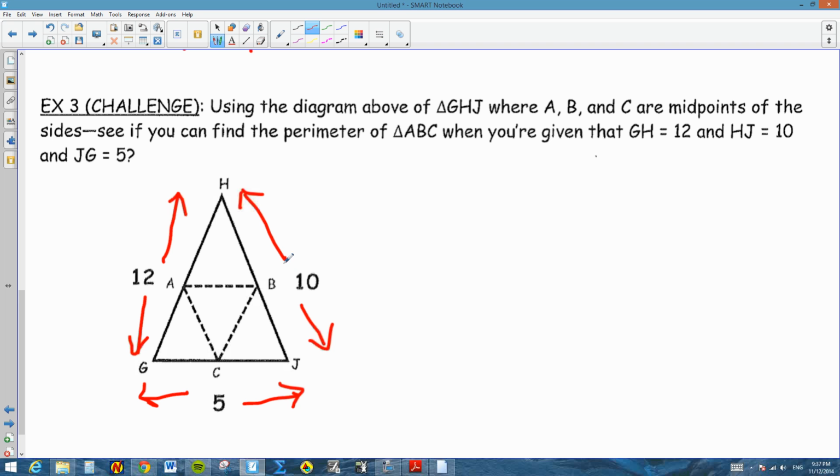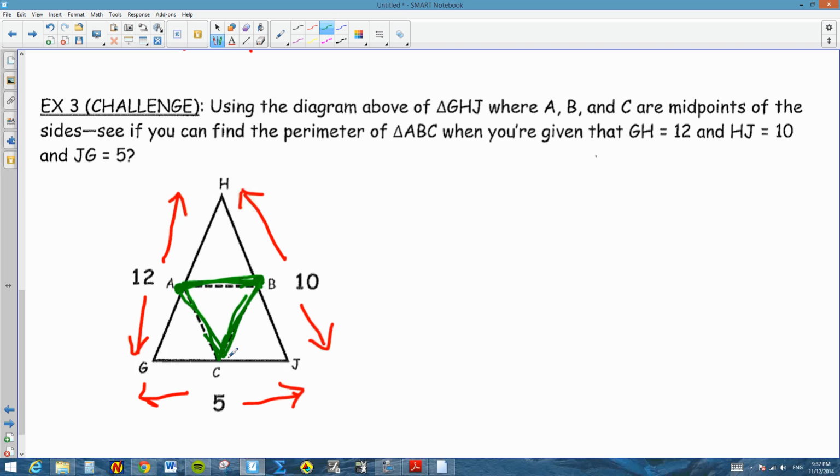Okay. So the perimeter of who? The perimeter of this guy, A, B, C. This triangle, A, B, C. How do you find it? Look, A, B, C are the midpoints, right?